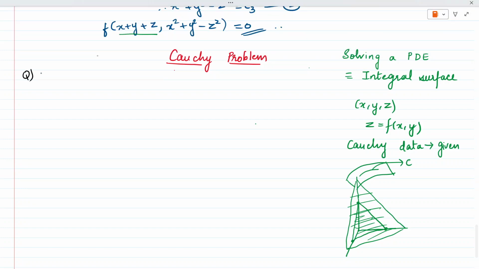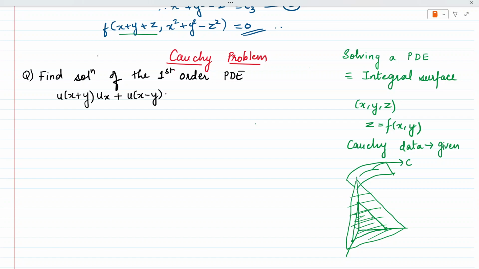The question goes like this. Find the solution of the first order PDE u times (x plus y) multiplied by ux plus u times (x minus y) multiplied by uy is equal to x square plus y square, with u equals 0 on y equal to 2x.